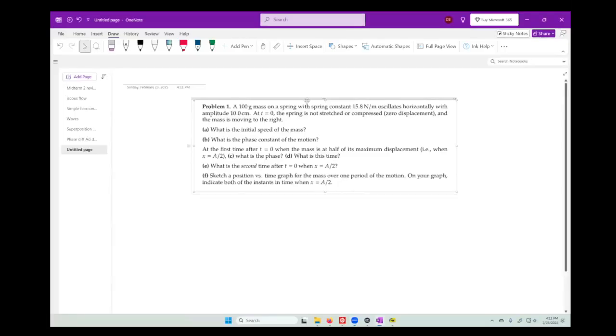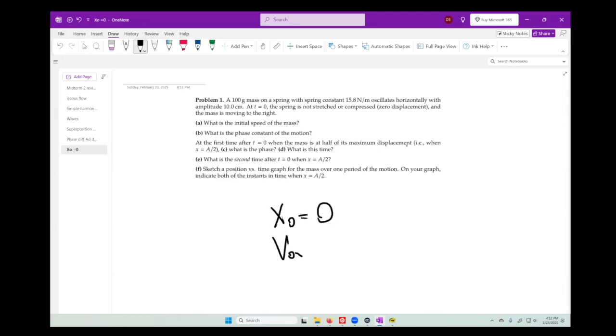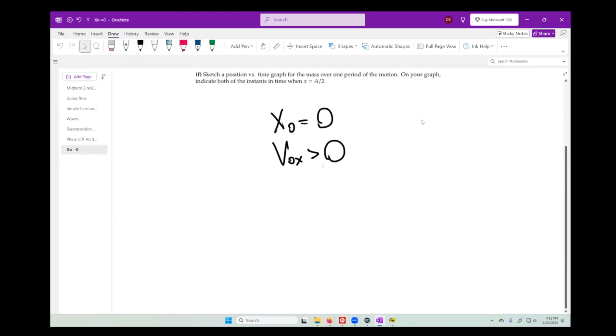I explained this one in the worksheet solution, but I can go over it again. We have this mass on a spring. At t equals 0, the spring is not stretched or compressed, so our x initial is 0, and the mass is moving to the right, so we have a positive x component of velocity.